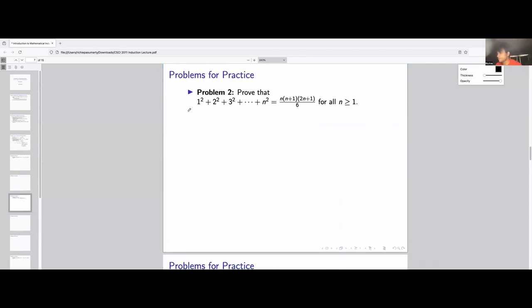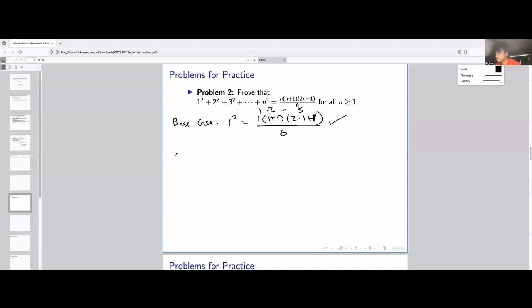So now let's go ahead and prove this statement. So the sum of the first n squares is apparently equal to this. Okay, so let's just try out a base case. Okay, so 1 squared, is that equal to 1 times this? Okay, so this is 1, this is 2, this is 3. I'm multiplying them together. 1 times 2 times 3 over 6, that's 1. 1 squared is 1, so this is good.